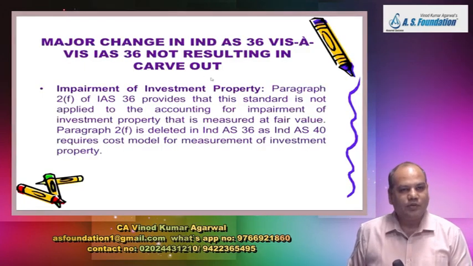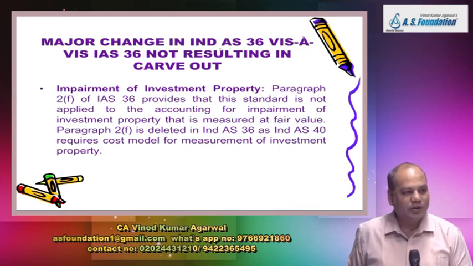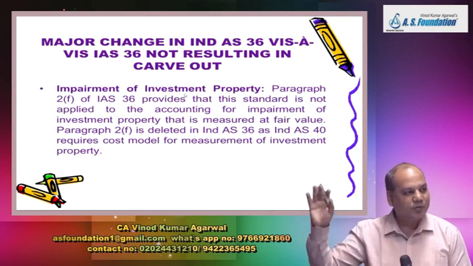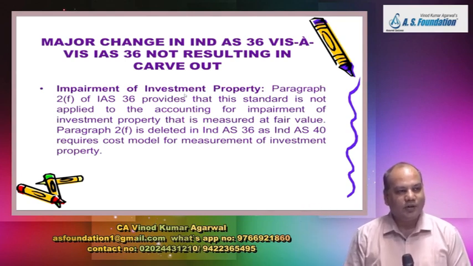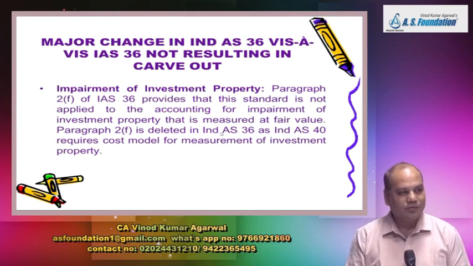Now the last part of this wonderful chapter. Major differences between IAS 36 and Ind AS 36. There is no major difference. There is only one small difference. Impairment of investment property. Now, what is the difference in the treatment of investment property under Ind AS and under IFRS? Ind AS says only cost model, whereas IFRS says fair value model also.